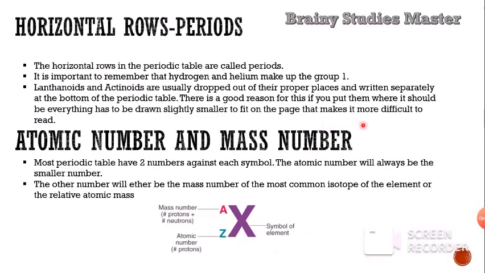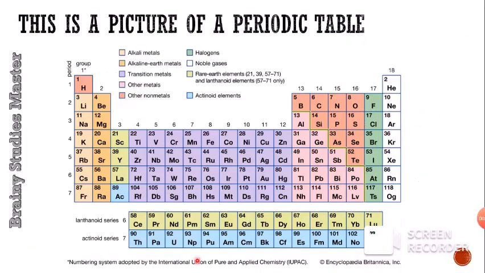If you put them where they should be, everything has to be drawn slightly smaller to fit on the page, which makes it more difficult for us to see and read. Because of that, they have been dropped out from their proper places over here. See, lanthanoids and actinoids.